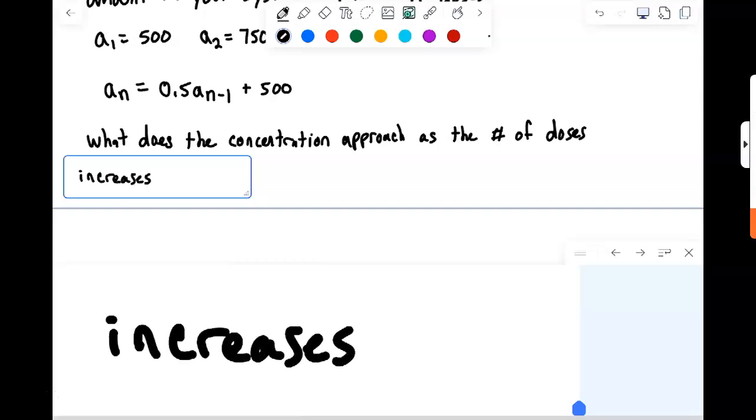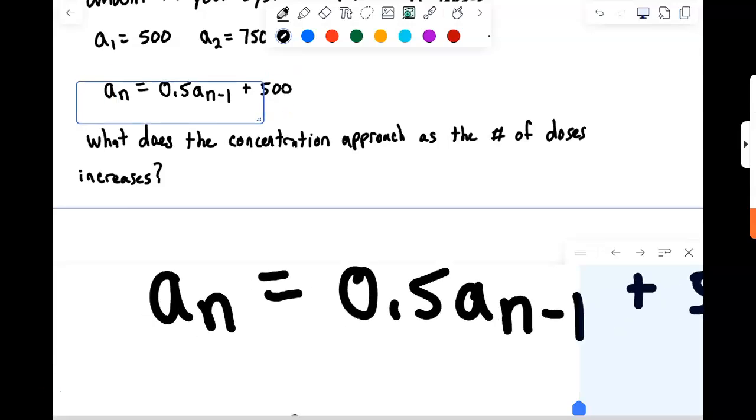In other words, what's the limit of this sequence, right, as the number of doses goes off to infinity?